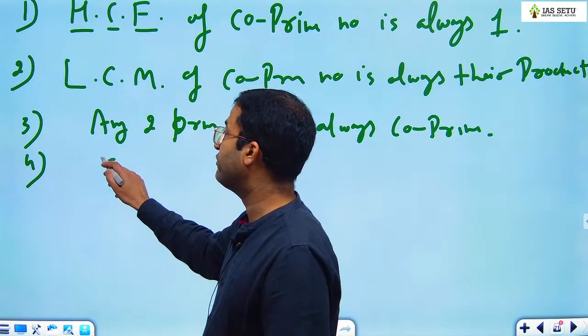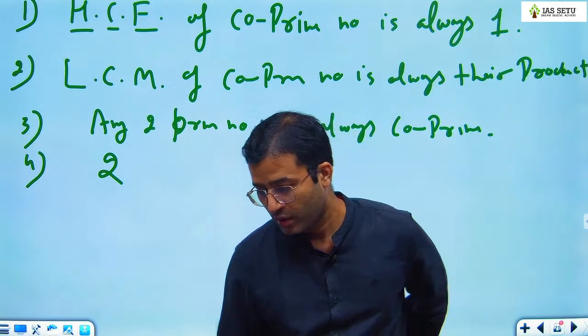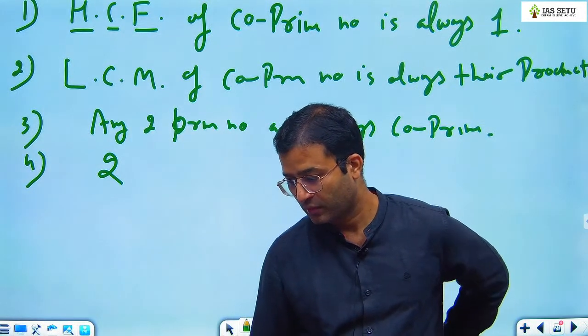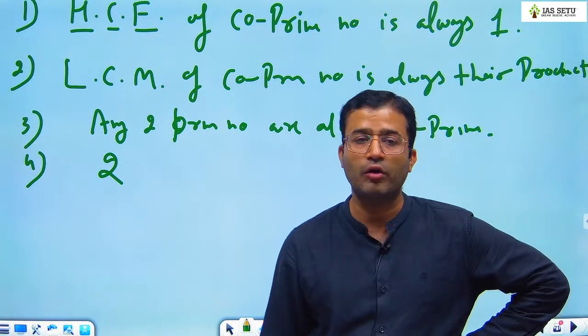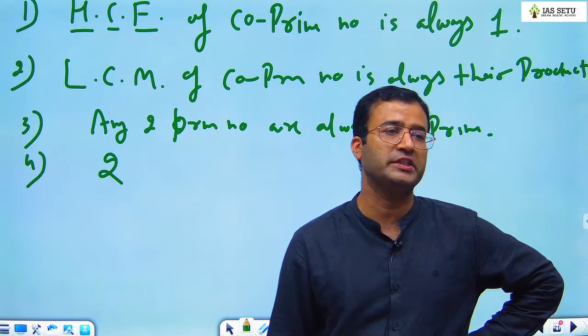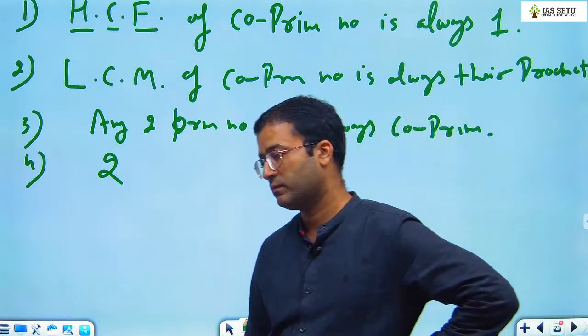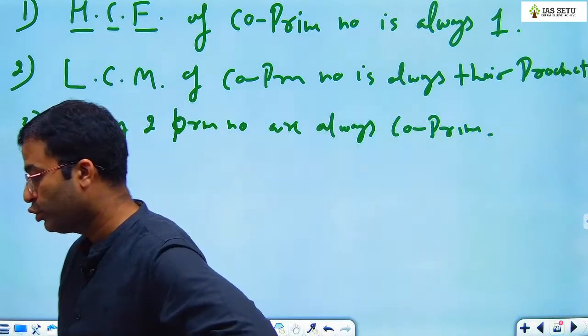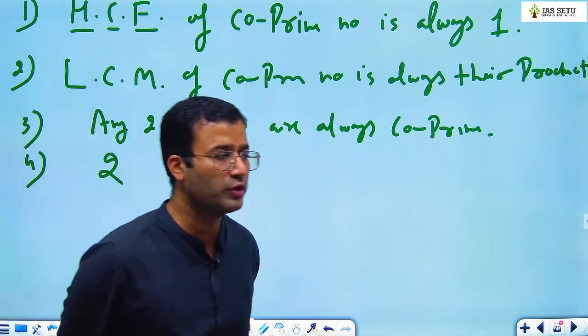two consecutive natural numbers are always co-prime to each other.